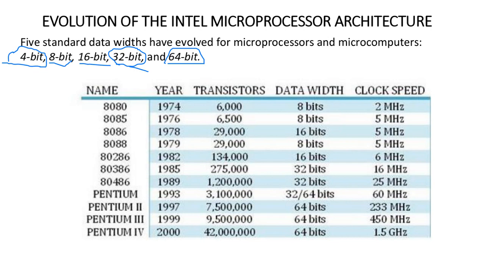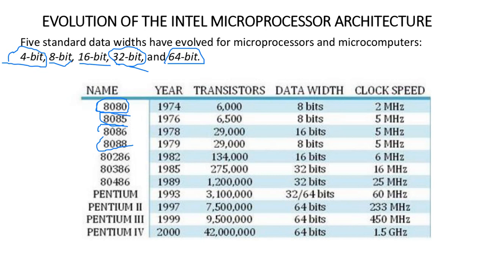For example, the first of the early microprocessors is 8080, and then 8085, then 8086, and 8088, 80286, 386, 486, Pentium 2, 3, 4, and then Celeron. No, sorry, then iCore is there.